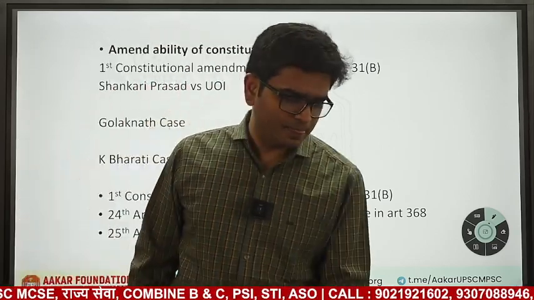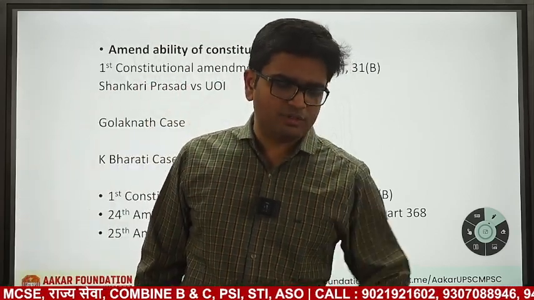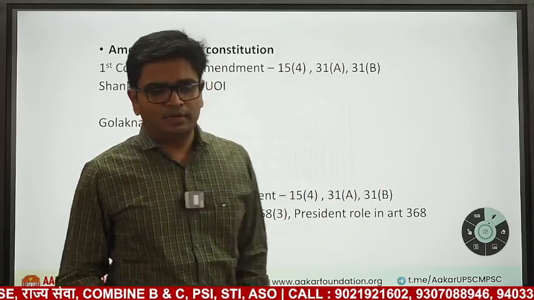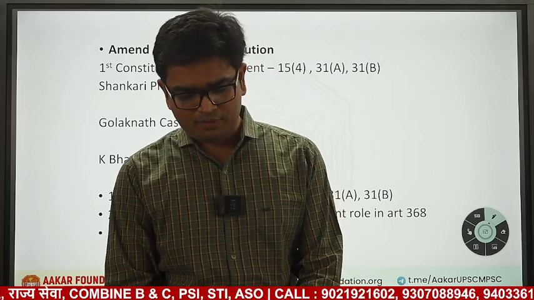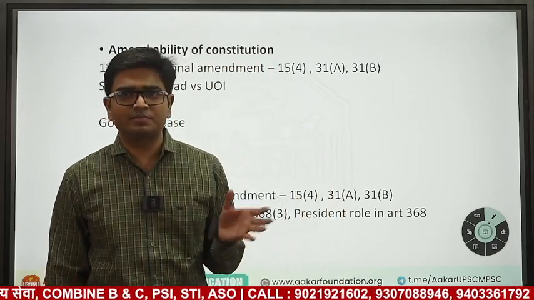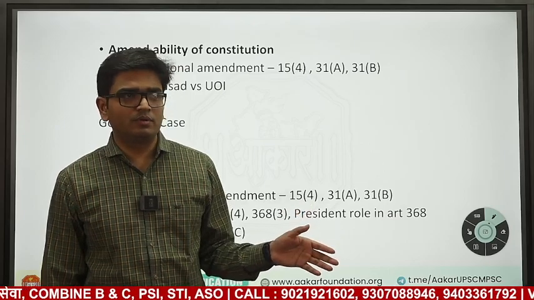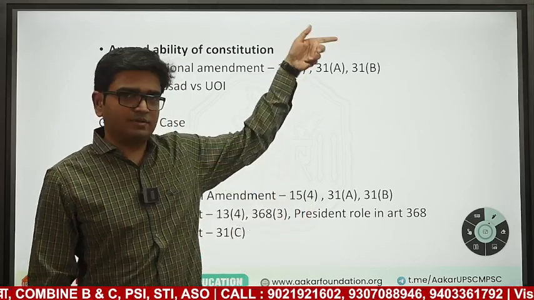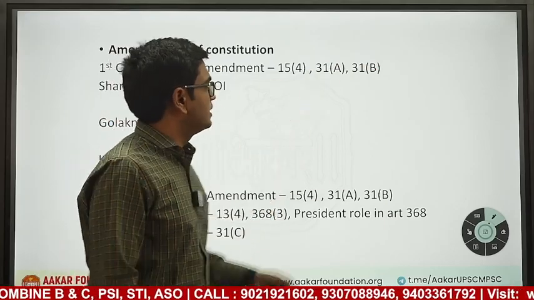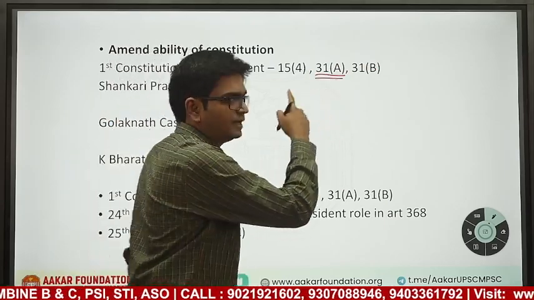Basically that article was regarding compensation for land. For example, if a government wants to acquire land from an individual, previous to this amendment they had to give it at a market rate. But after 31A, this is regarding property.